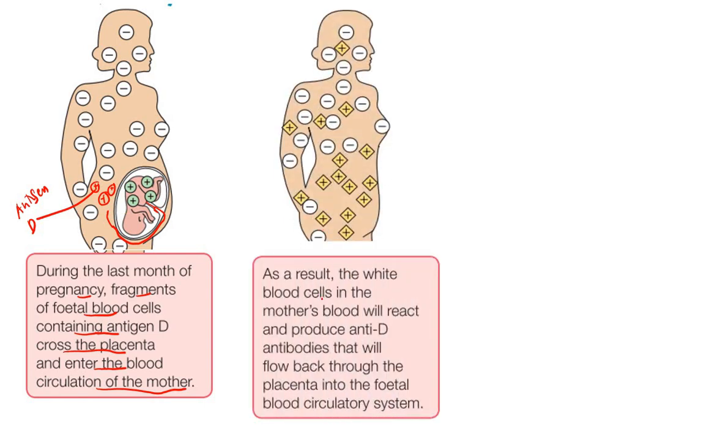As a result, the white blood cells in the mother's blood will react and produce anti-D antibodies that will flow back through the placenta into the fetal blood circulatory system, because of the presence of antigen D. We don't have anti-D antibodies in our body naturally. They are produced when antigen D enters our blood.